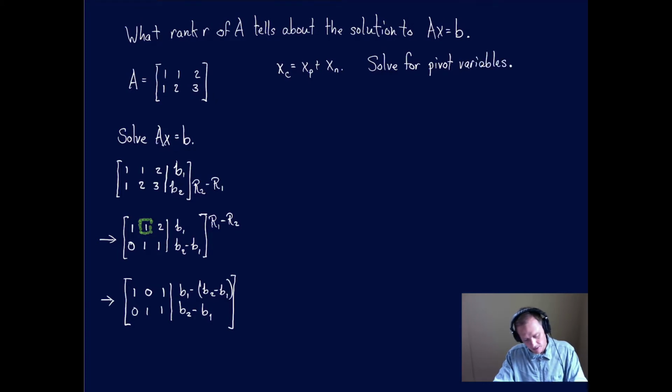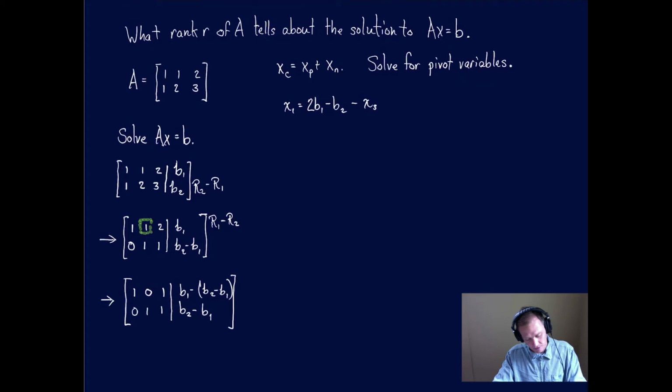So I have that x1 is equal to 2 b1s minus a b2 minus an x3.